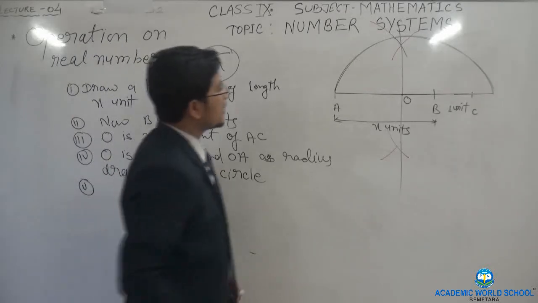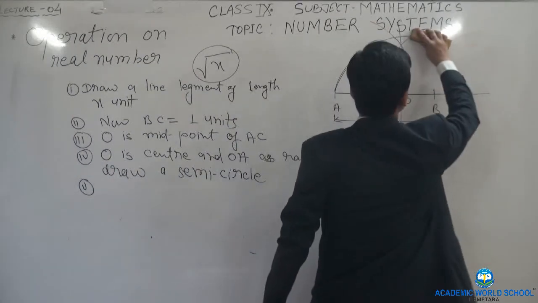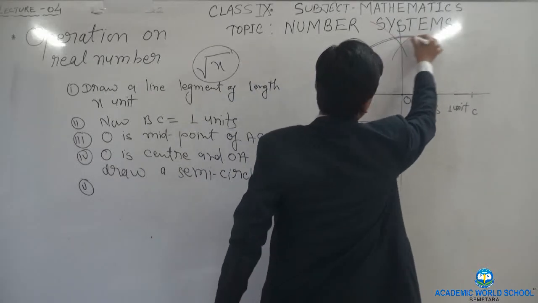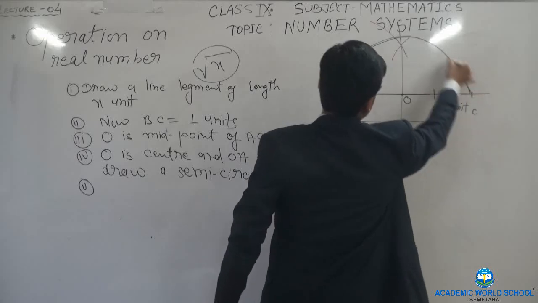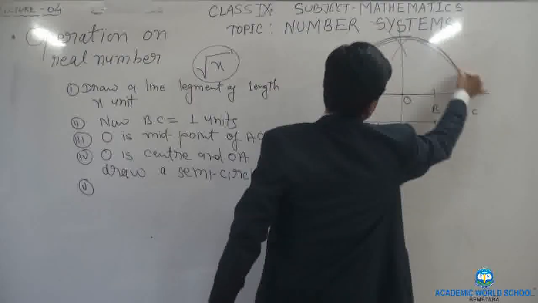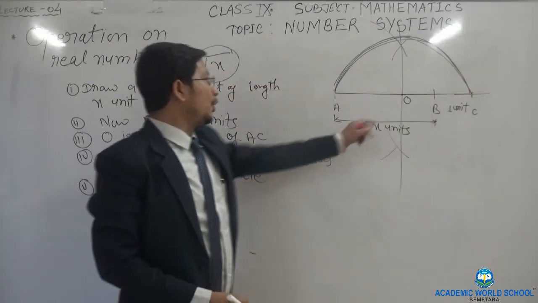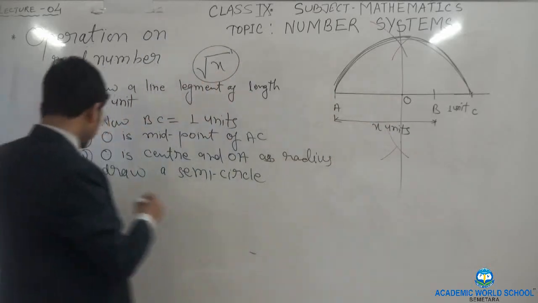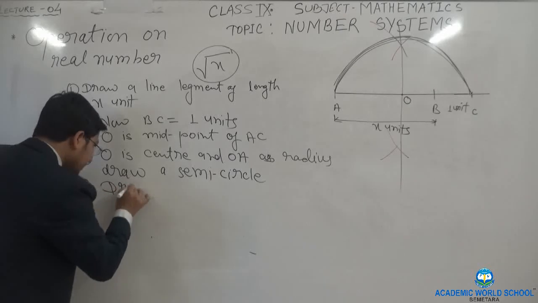This is the semicircle up to point C. Take O as the center and OA as the radius. Draw a semicircle.